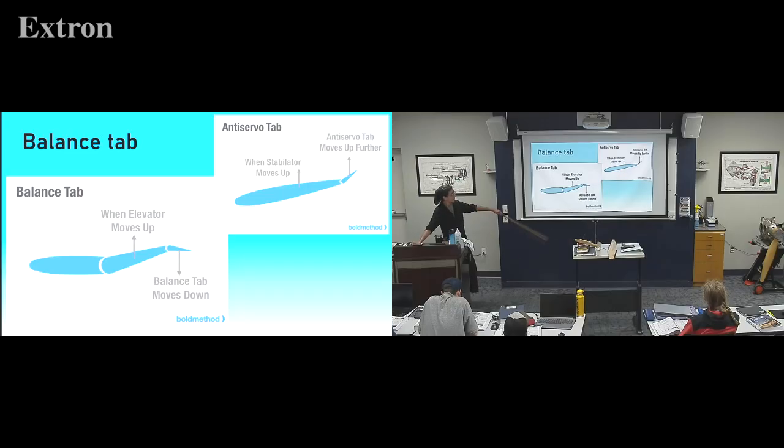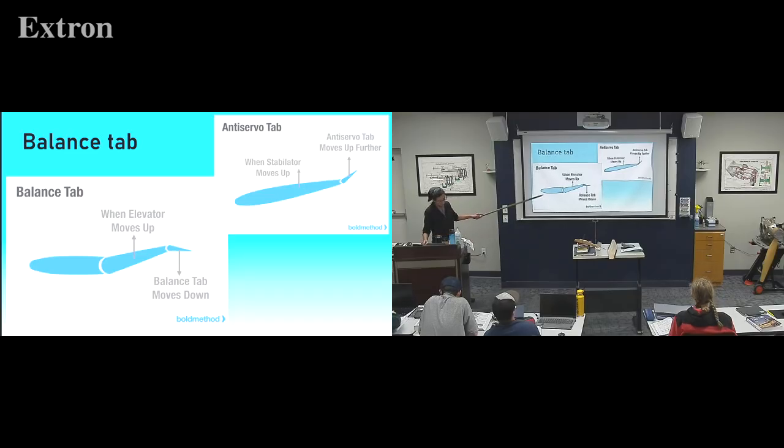And so, yes, you have the anti-servo tab. Then we have another one thrown in the mix, which is a balance tab. This one is for very heavy flight controls, like airliners that are still a cable and not fly-by-wire.